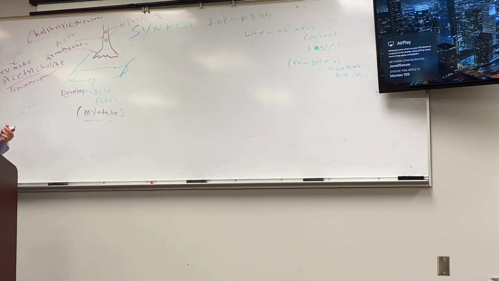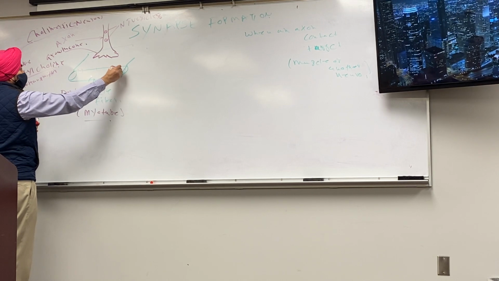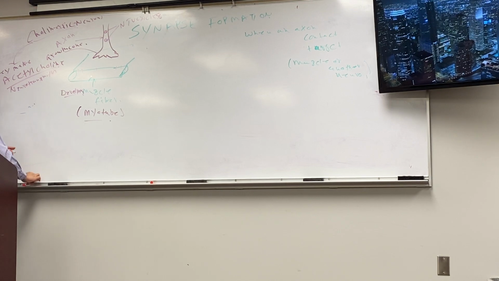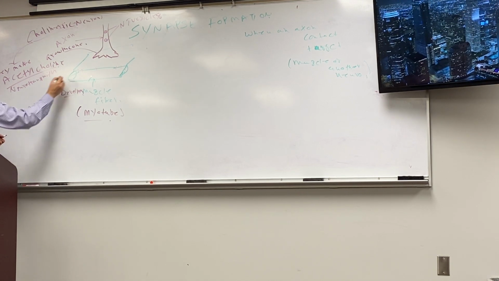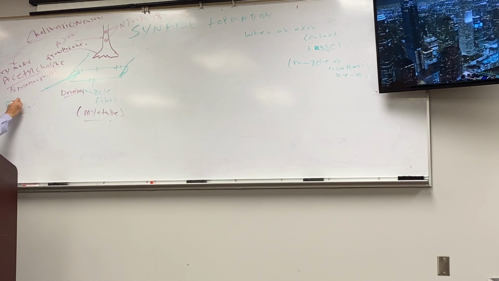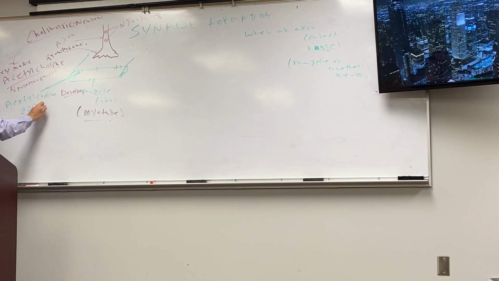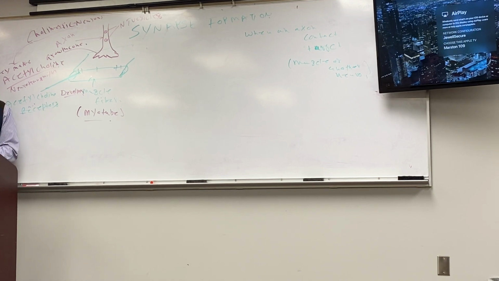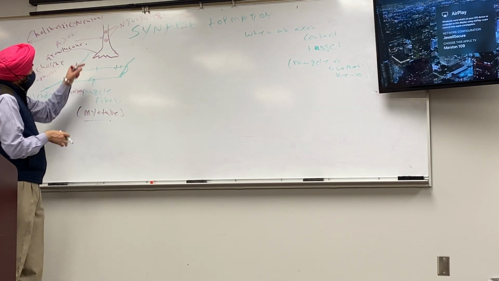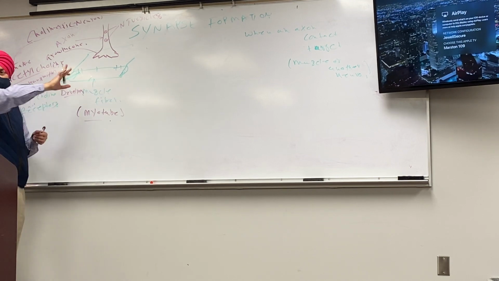So on the muscle, right here, these are acetylcholine receptors. Okay. Now what happens? So it is coming there. Acetylcholine receptors are kind of spread out.